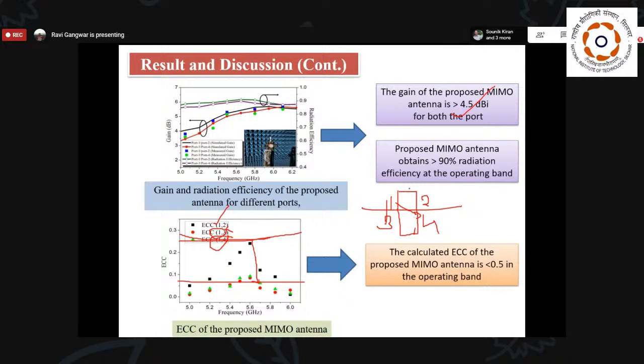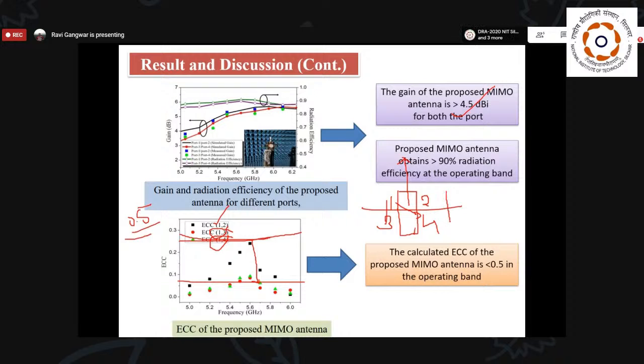In port 1 to port 2, both radiate in the positive Z direction. But due to exciting orthogonal modes, we are able to reduce the correlation, so that the ECC is within the limit of 0.5. The value is less than 0.5.